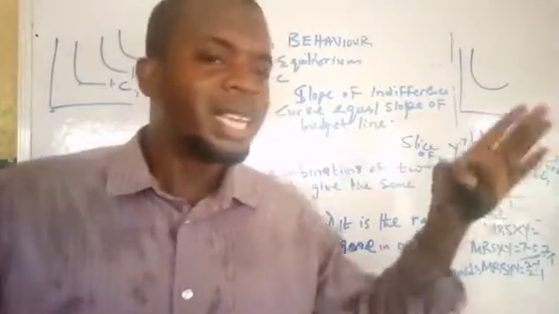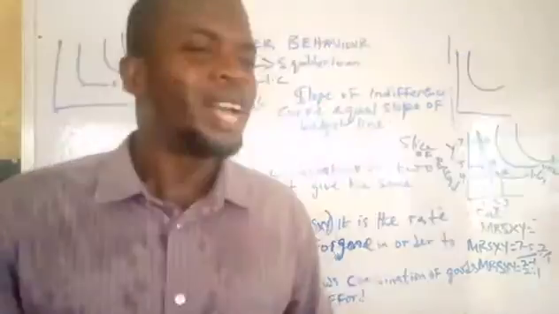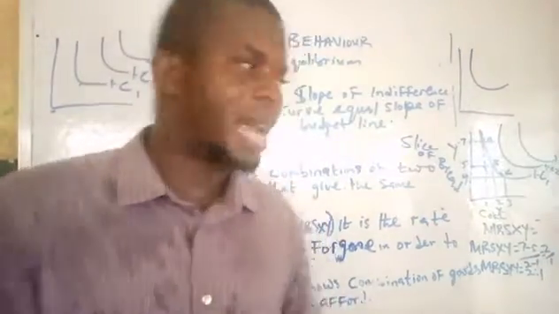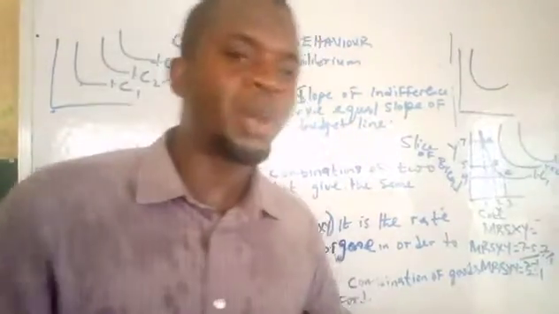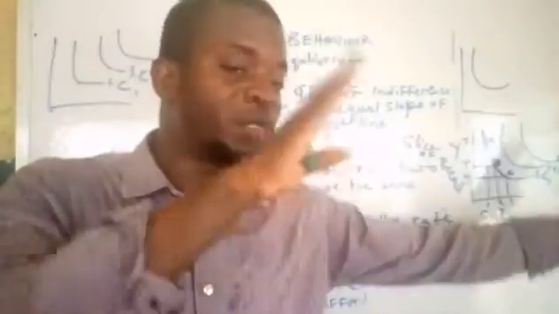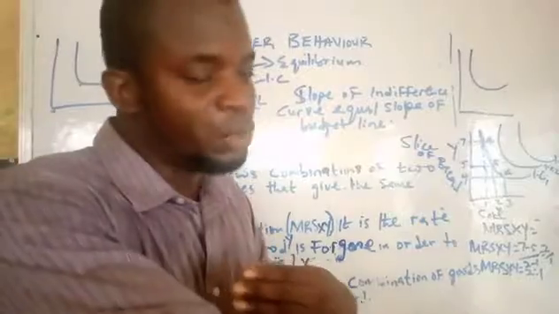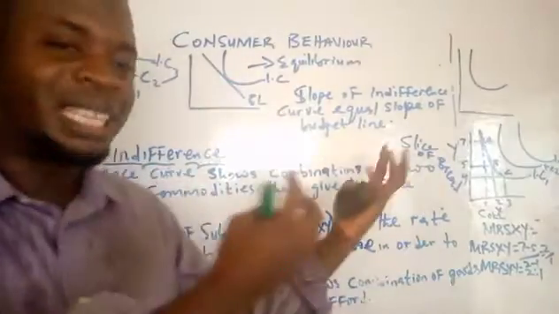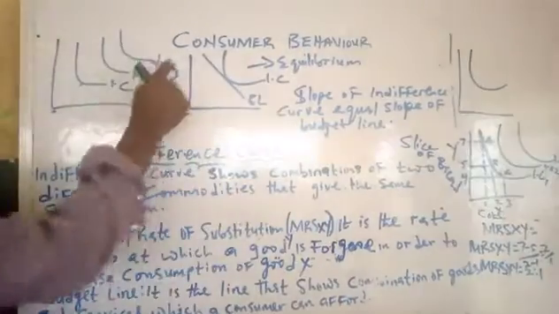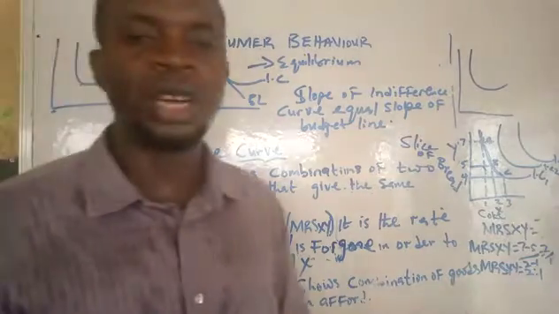At equilibrium, the indifference curve is tangential to the budget line, or the slope of the indifference curve equals the slope of the budget line. Then you can also have an indifference map, a situation whereby there are a lot of indifference curves on a graph, and the farthest indifference curve from the origin gives highest satisfaction, and the closest one to the origin gives lowest satisfaction.